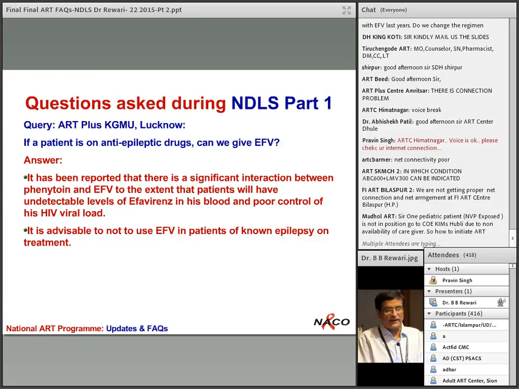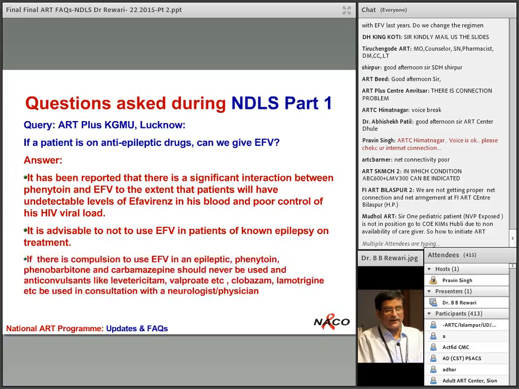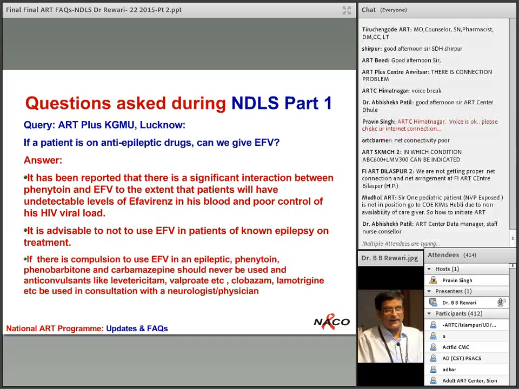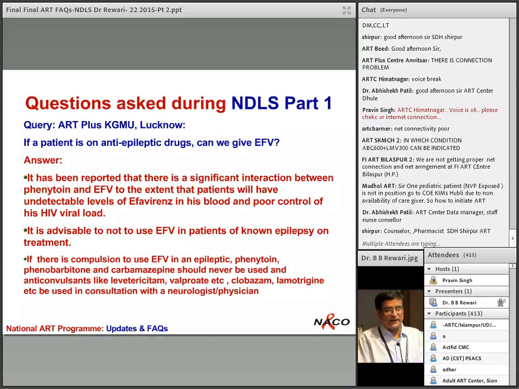So it is advisable not to use efavirenz in a patient with known epilepsy on treatment. But suppose there is a compulsion to use efavirenz, we cannot use another drug, then phenytoin, carbamazepine, phenobarbital should not be used, and anticonvulsants like valproate, clobazam, lamotrigine can be used in consultation with a neurologist, whether these will be suitable for the patient's condition or not.